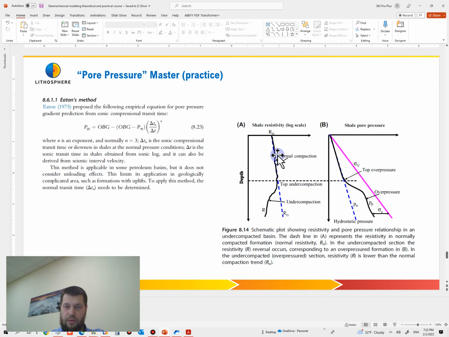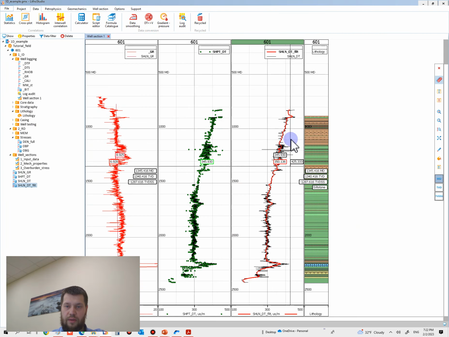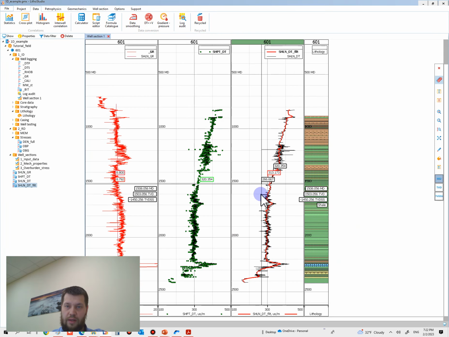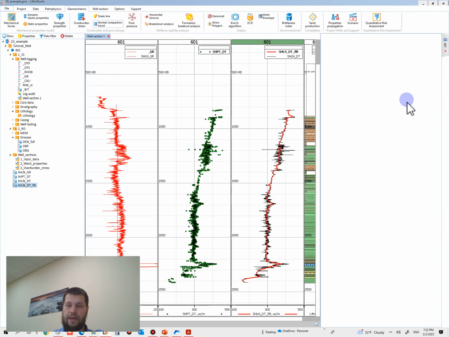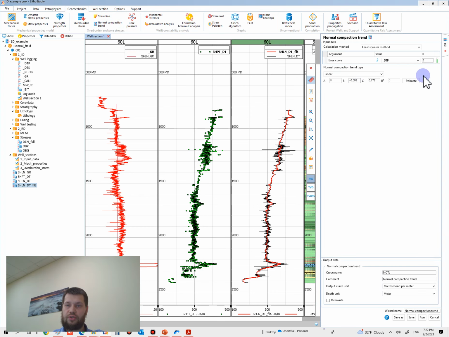And now we will make the normal compaction trend line. This is the dotted blue line, and the undercompaction curve is Shale line DT filter. To calculate the normal compaction trend line, open the normal compaction trend master and use the least squares method.